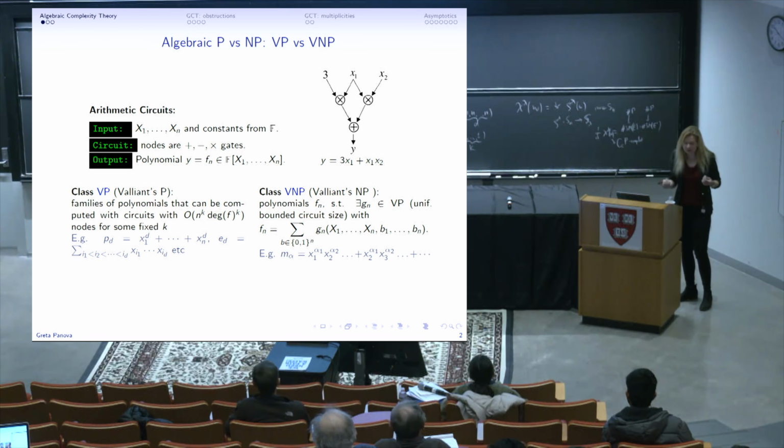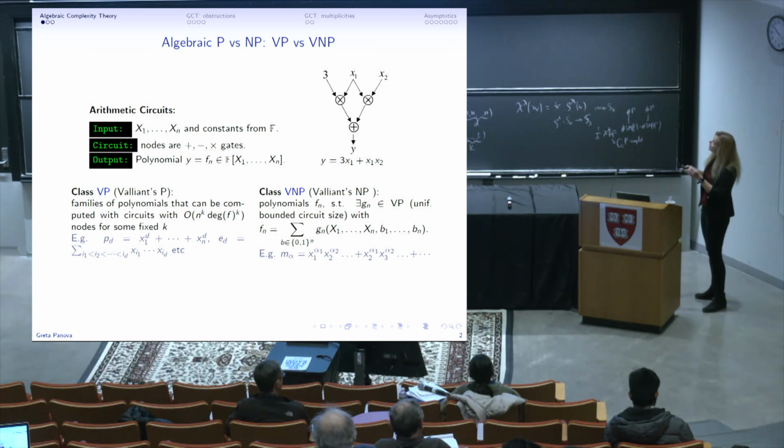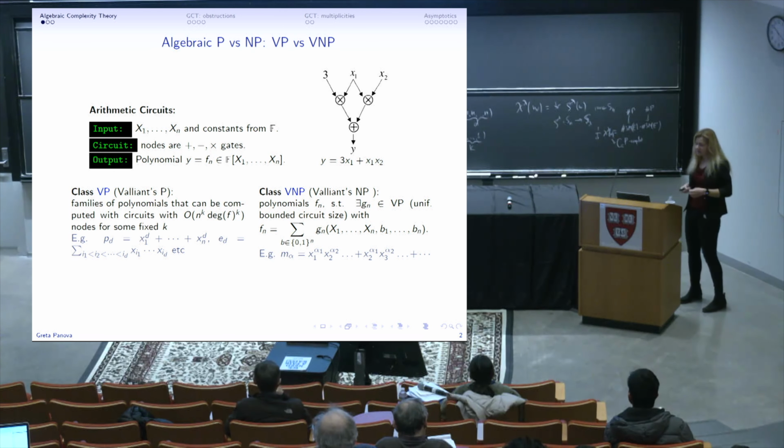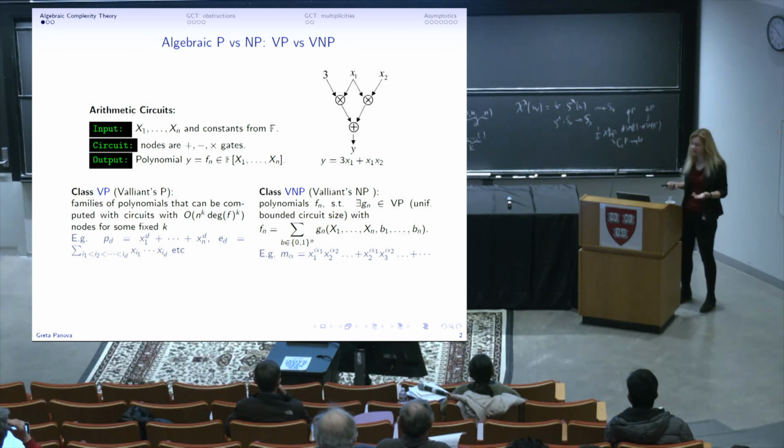Okay, so the quintessential example is, this class contains every explicit polynomial that you can actually write down, like the monomial symmetric functions here, where you can take all possible monomials with exponents alpha 1, alpha 2, and so on. As long as you can actually write down the coefficient here, you are going to have something in VNP.